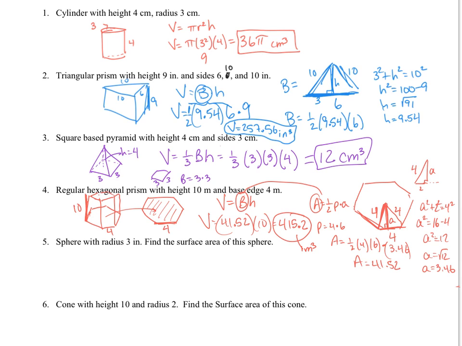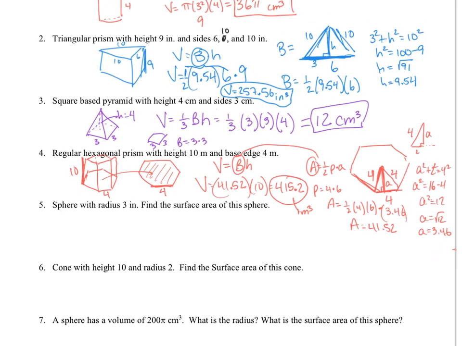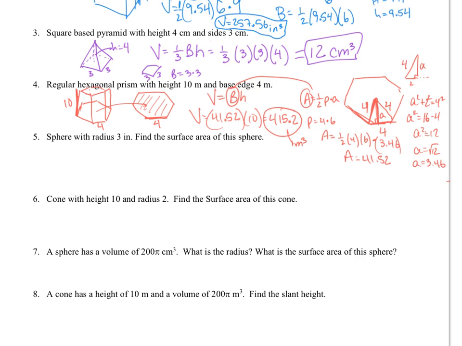Okay, number 5. Moving right along here. On number 5, we are asked to find the volume of a sphere, and I also ask for you to find the surface area of the sphere. So for the volume, I've got a sphere here, and this radius is 3. So the volume is 4/3 pi r cubed.